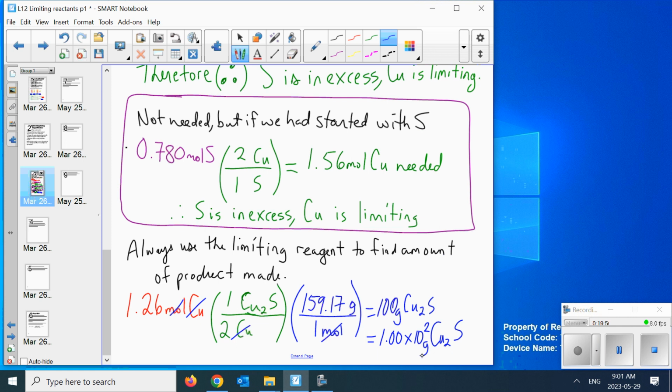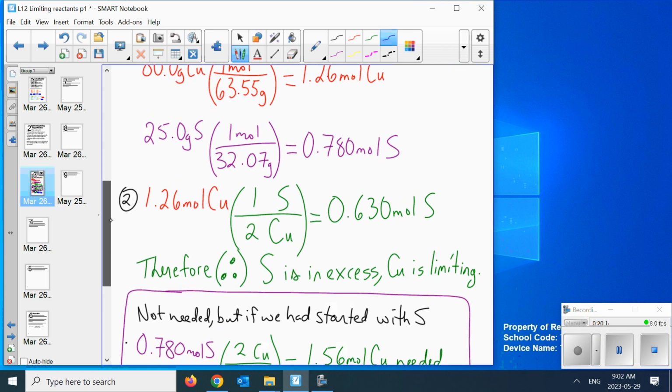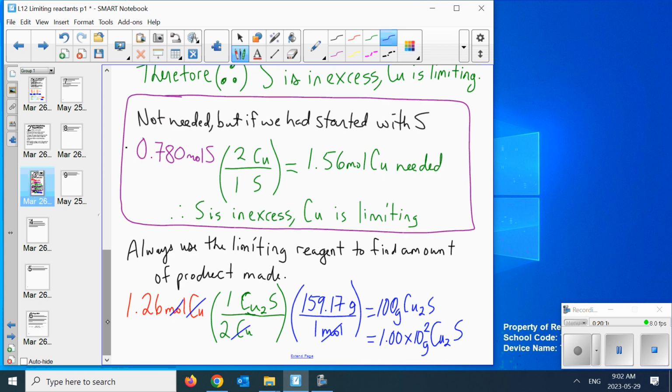Any questions about something like this? Because I'll have more questions. I mix up the numbers. No, because I make a lot of mistakes.